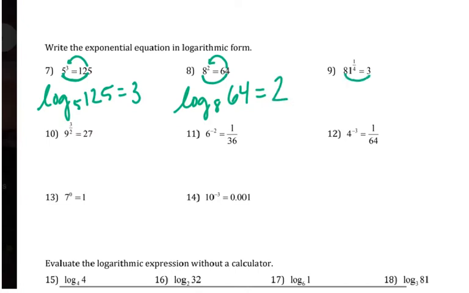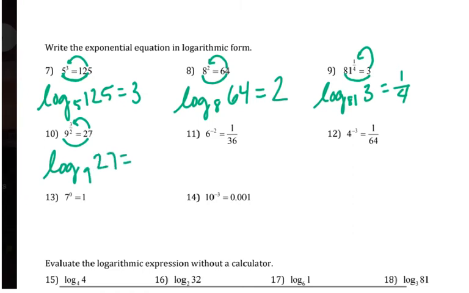Again, base, answer, exponent. Log of 81, 3 is 1/4. Again, snail, snail, snail. Log 9, 27, it's 3 over 2. Again, log 6, 1 over 36 is negative 2.